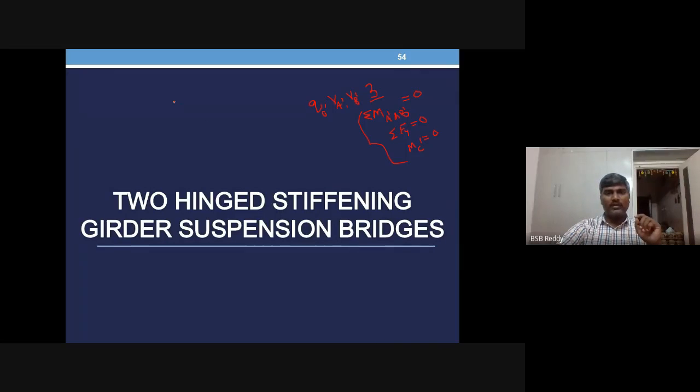Now, if you have a two-hinged stiffening girder, where there are only two hinges and no hinge in the middle, let us take the girder with UDL from the suspenders all through this girder. Q naught is the value of UDL that you are assuming.